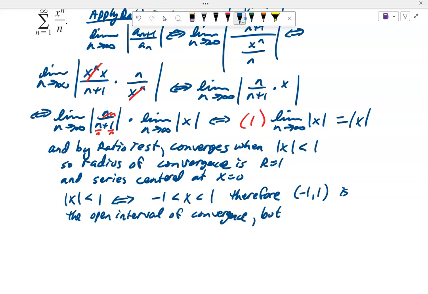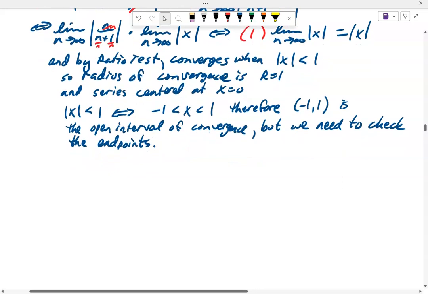But we need to check the endpoints. We don't know about -1 and 1 themselves. Again, we know between them it for sure converges. But what about at -1 and at 1? That we have to test individually. So let's test at -1.